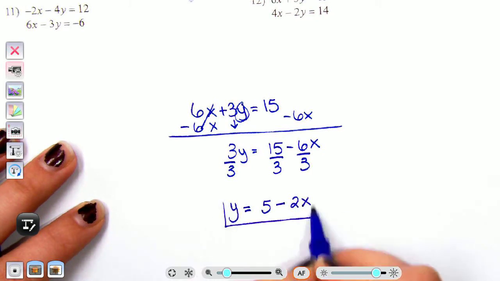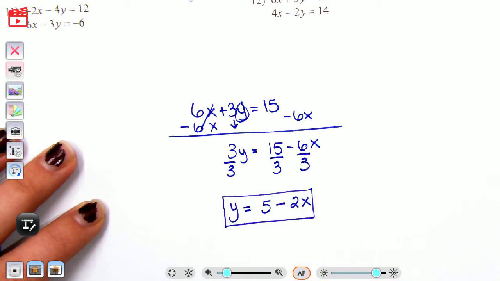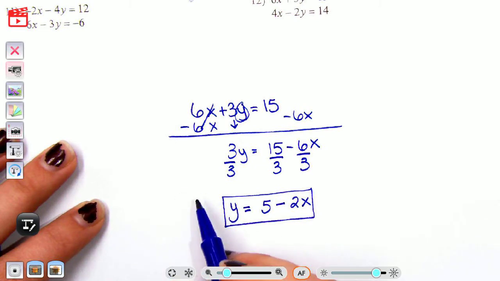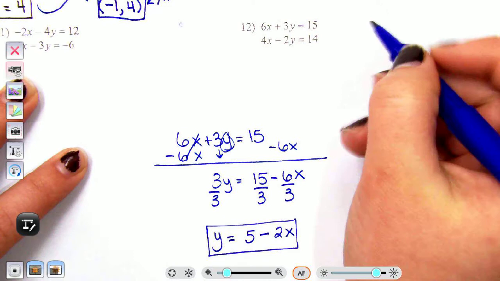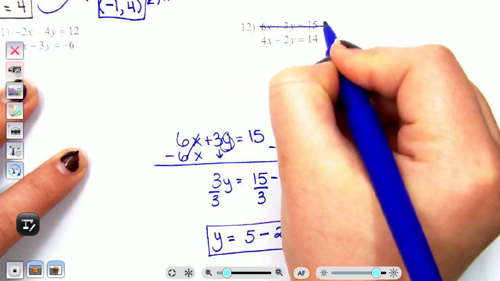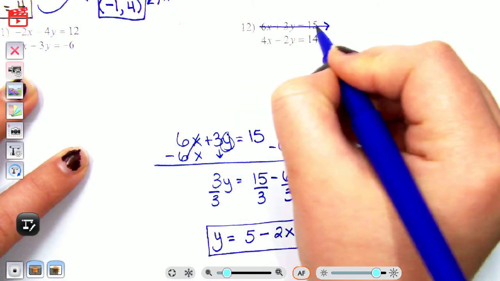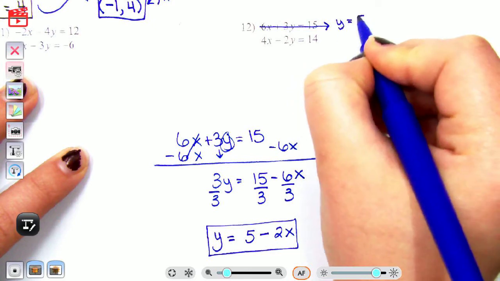So once you solve for the variable in the equation that you chose, then you may take this and substitute it into your other equation. So back here, I'm going to take this and cross this out, draw an arrow, and say this equation is now y equals 5 minus 2x.